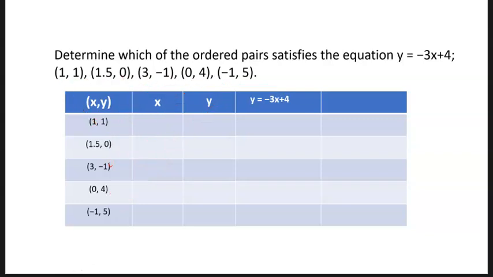I'm going to check each given solution to see if it is correct or not. You don't have to do the second and third columns, but I did this to make it very clear. So x is equal to 1, y equals 1 in the first case. In the second case, x is 1.5, y is 0. Then x is 3, y is negative 1; x is 0, y is 4; x is negative 1, and y is 5. That way we can plug in here.